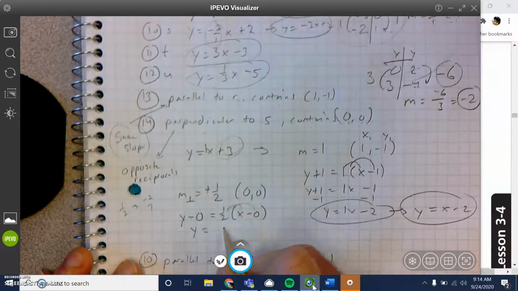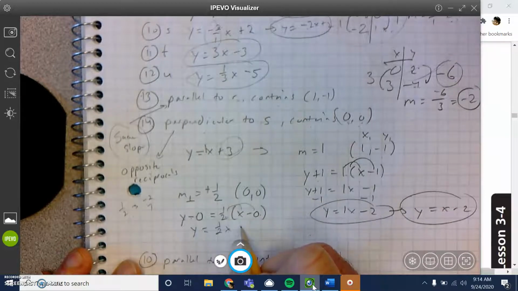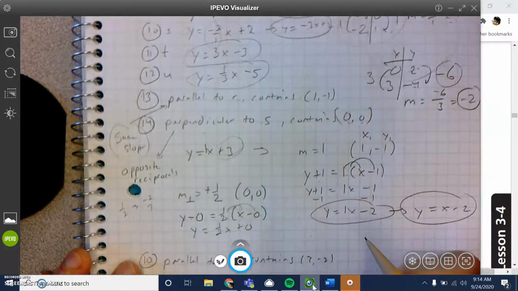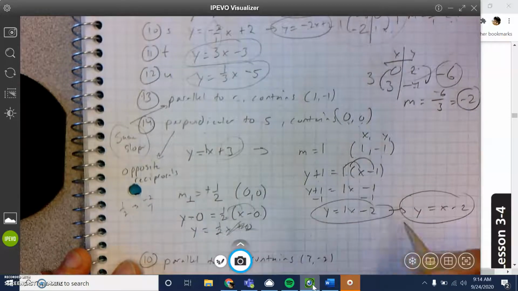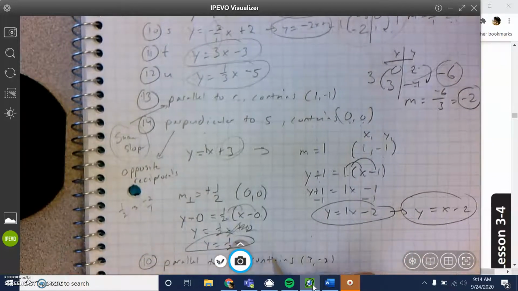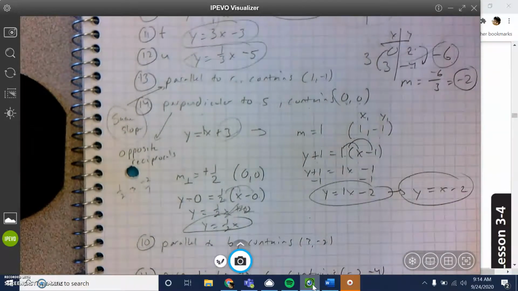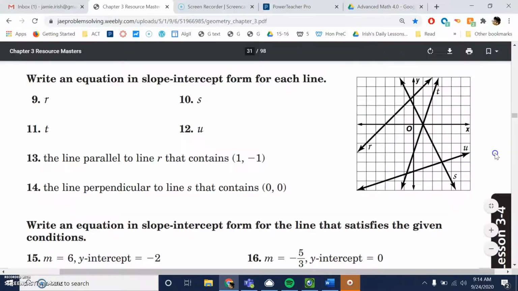Now I'm going to distribute here, 1/2 x. A half times 0 is just 0. Minus 0 plus 0 doesn't matter because that is gone, and the answer is just 1/2 x. You put the plus 0 at the end if you want, but that's cool. All right, nice job. Your turn, your turn, your turn.